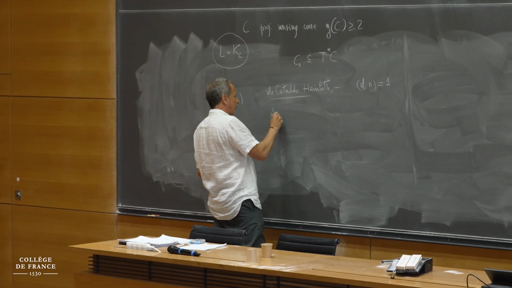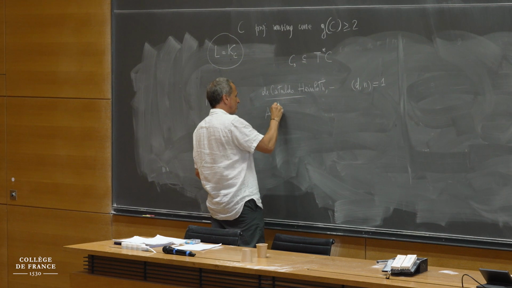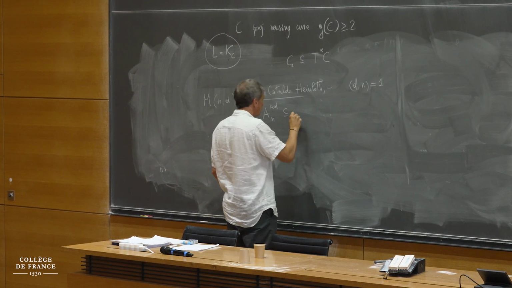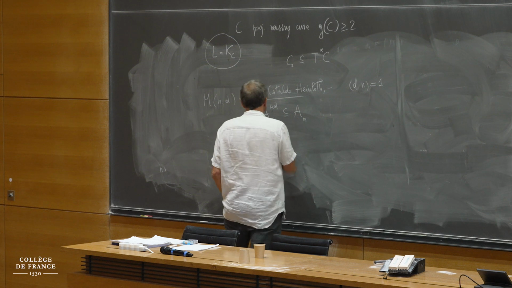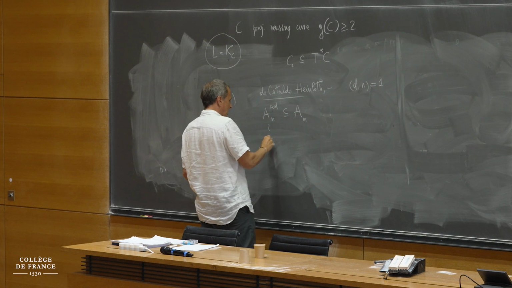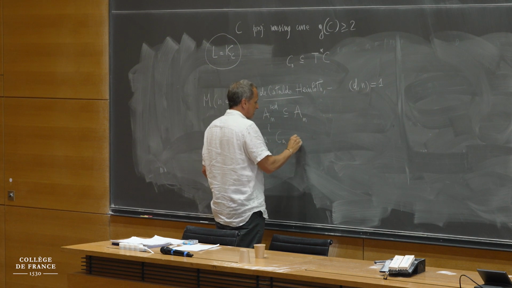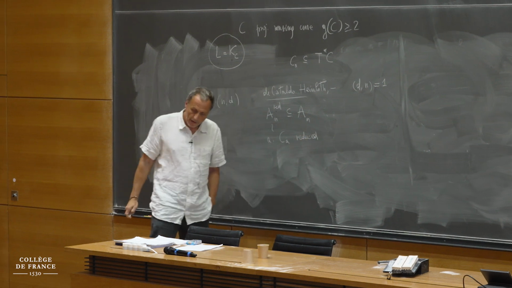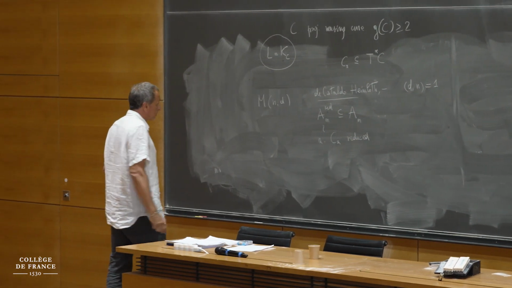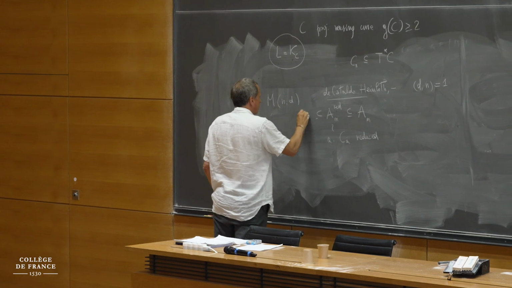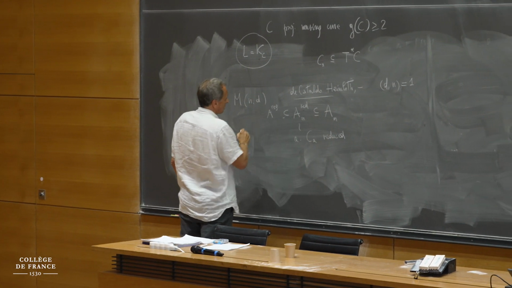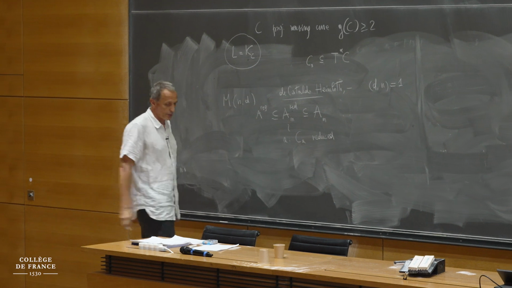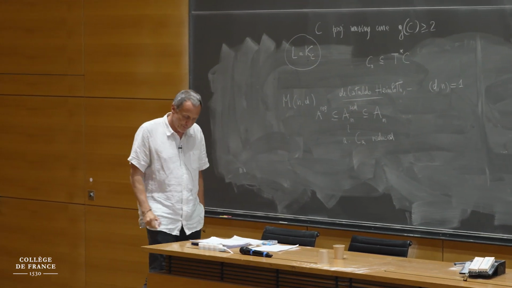I denote by A_N^red, where red stands for reduced, not for the color, inside A_N, the locus where the spectral curve is reduced. It contains, of course, the regular locus, and it also contains the elliptic locus.